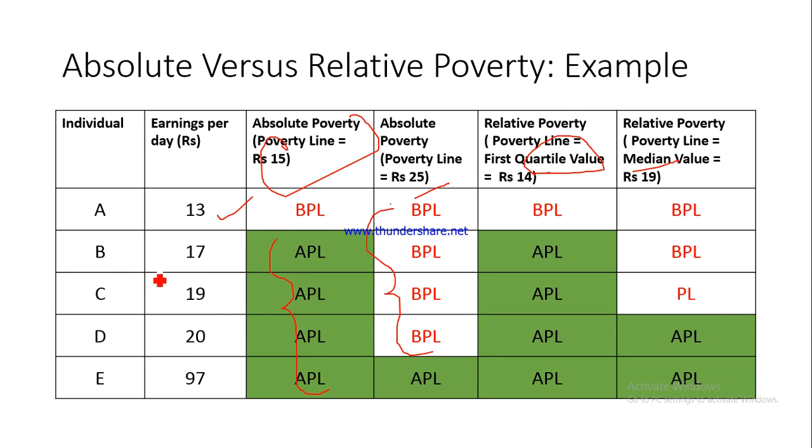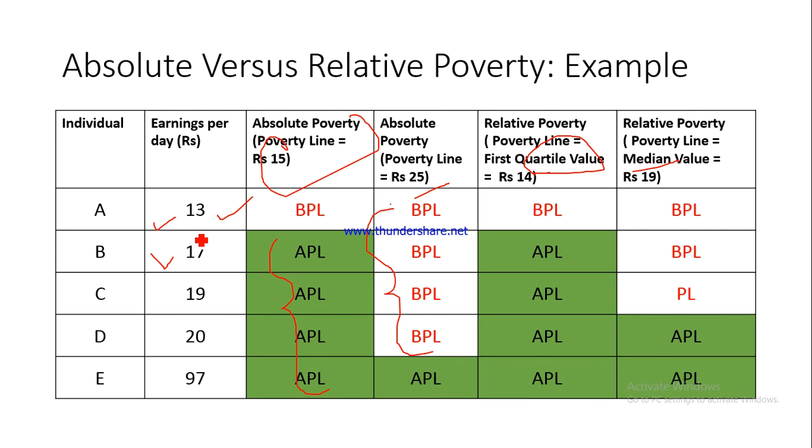Right? Basically, the bottom 25% would be somewhere around 1.25, which means the lowest one and somewhere below the second lowest one, which means A or somewhere below B. In other words, the first quartile would be somewhere between 13 and 17, right?